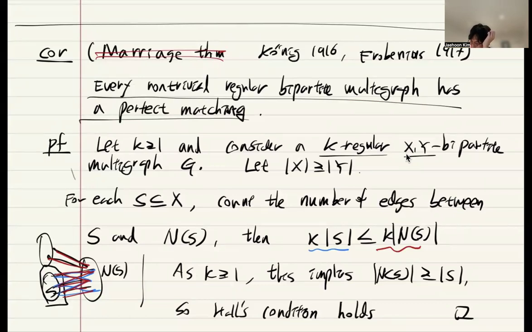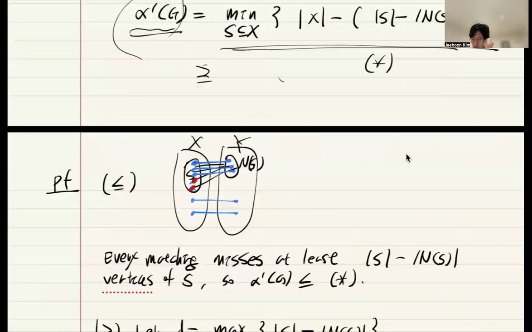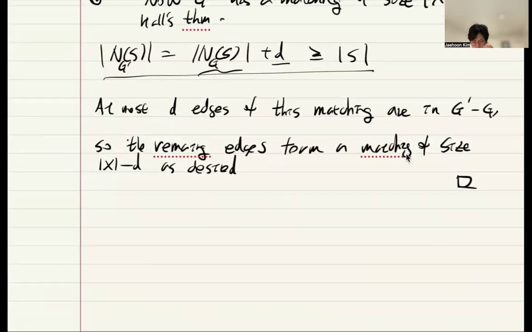I didn't mention it, but even if there are multiple edges, the proof still works. Okay, in the next video we will study the relationship between this matching number and some other parameter which has a natural relation with it.